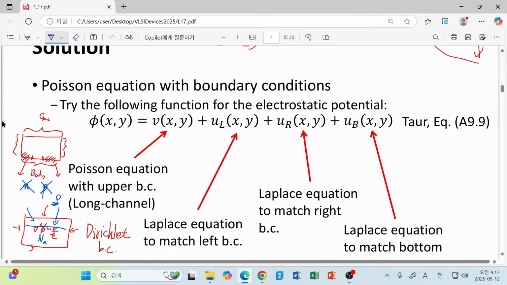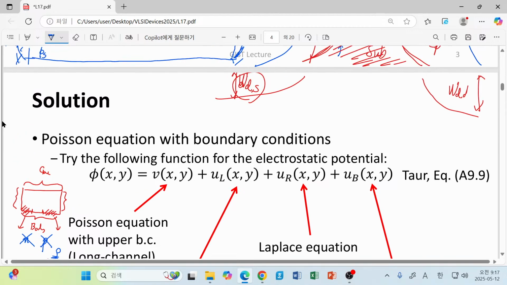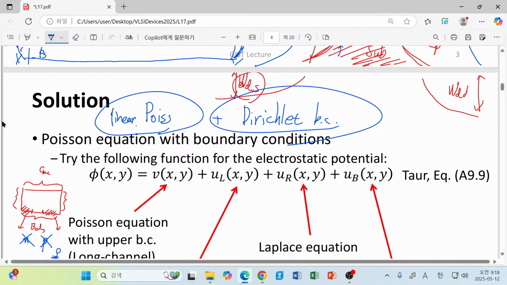Inside this oxide system, it's just vanishing. So there is no non-linearity in this case. We must solve a linear Poisson equation, easy to solve, plus all four boundary conditions, given as Dirichlet boundary conditions. By combining these two conditions, we can solve this system quite easily.